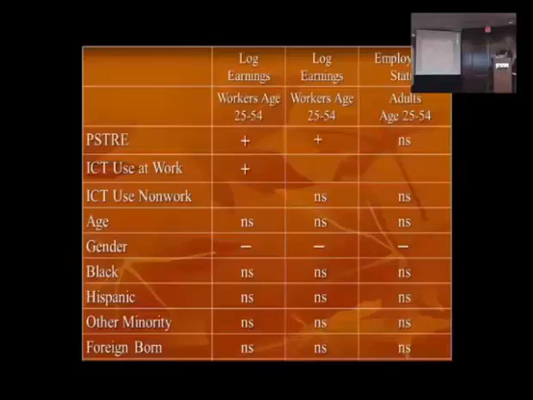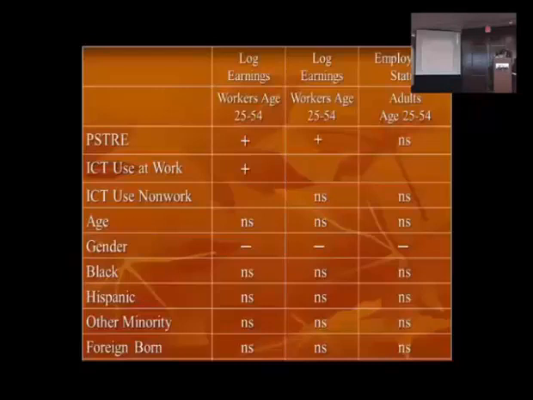And what I'm showing you here is that, with education controlled and many other things that aren't even listed here controlled, including occupation and years of work experience, not only is proficiency in PSTRE positively associated with earnings, so is ICT use at work, very, very strongly.